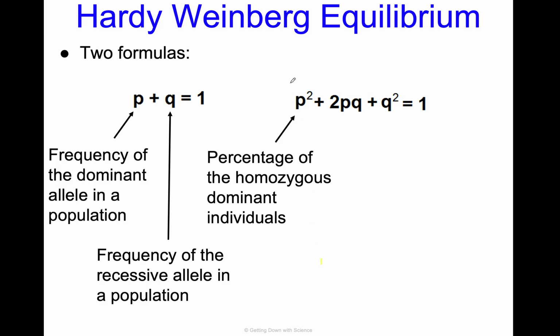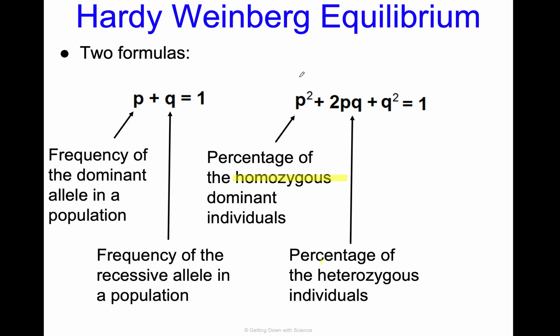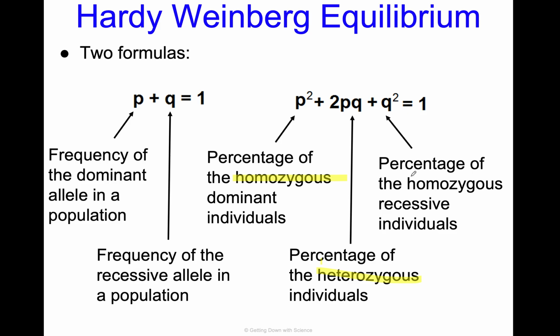So this makes sense that P squared is your homozygous dominant. Your 2PQ is the percentage of heterozygote, and the Q squared is the percentage of homozygote recessive, right? Because if P is dominant, capital P, then P squared is homozygote dominant, okay? So P is dominant, Q is recessive. Great.